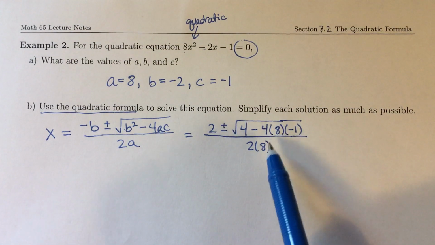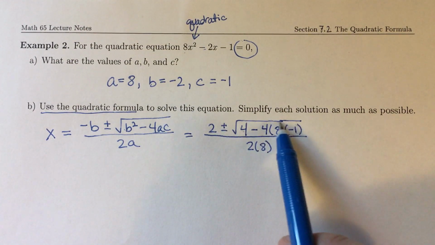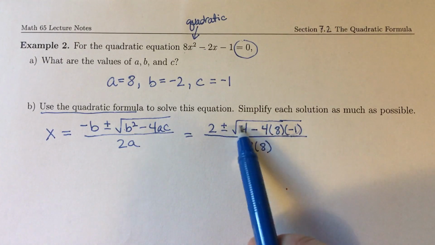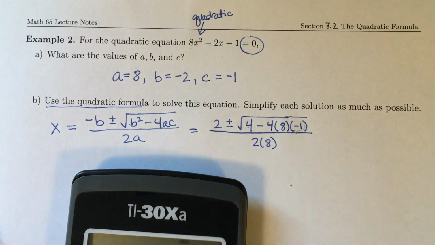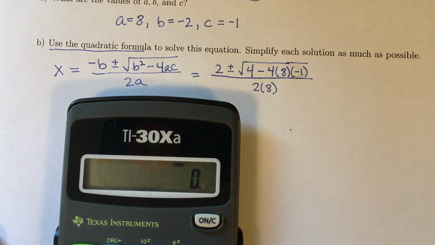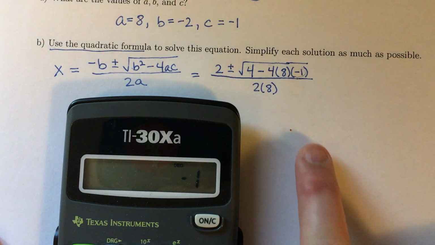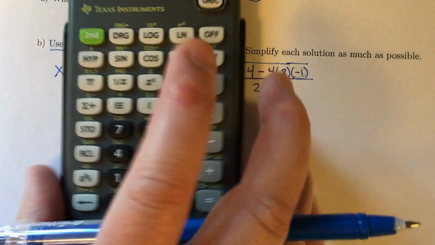Now, when you might want to use a calculator is just to put in the stuff that's under the radicand. So let's do that. You might not need to in this problem, but it doesn't hurt to check. So it's 4 minus 4 times 8 times -1. Make sure that that -1 gets typed in with this negative button down here.